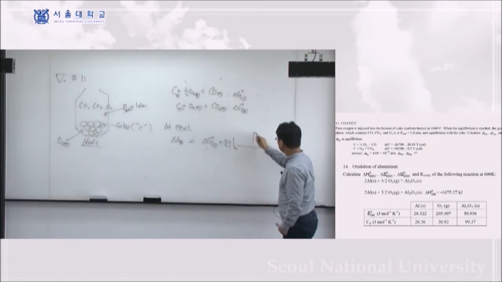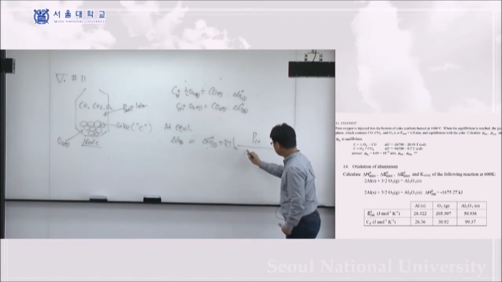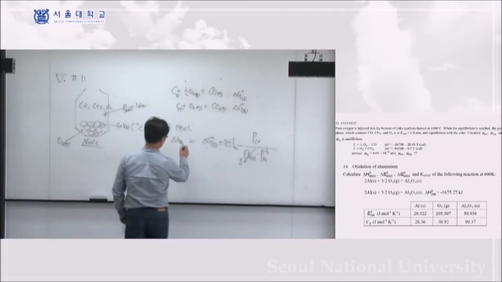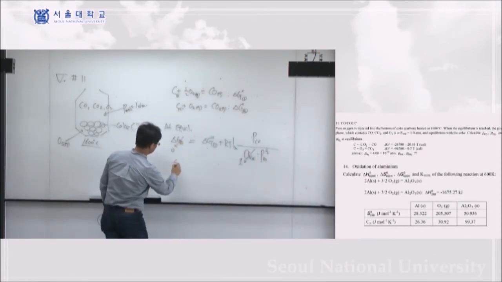So PCO, and then the activity of solid carbon, and PO2, this is 1, okay, and the other equation, and this is 0 at equilibrium state.